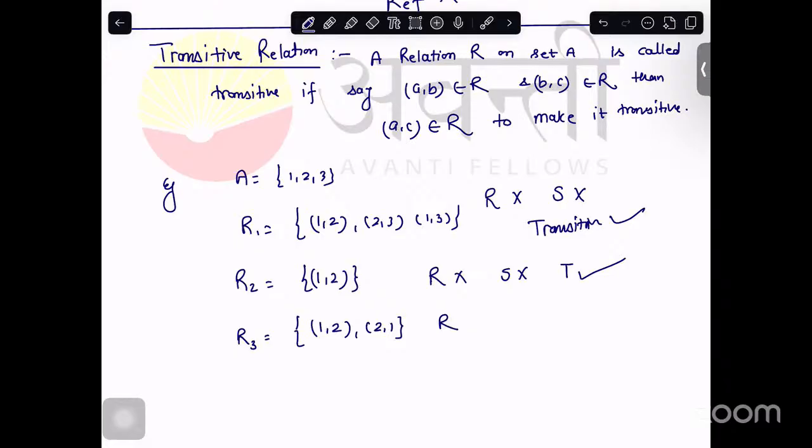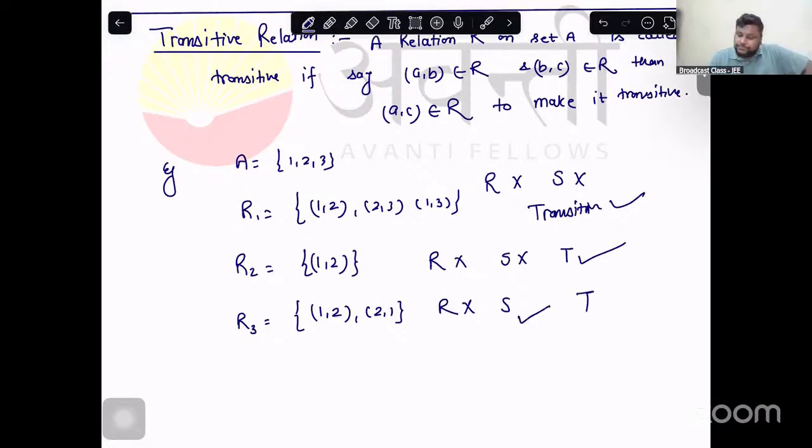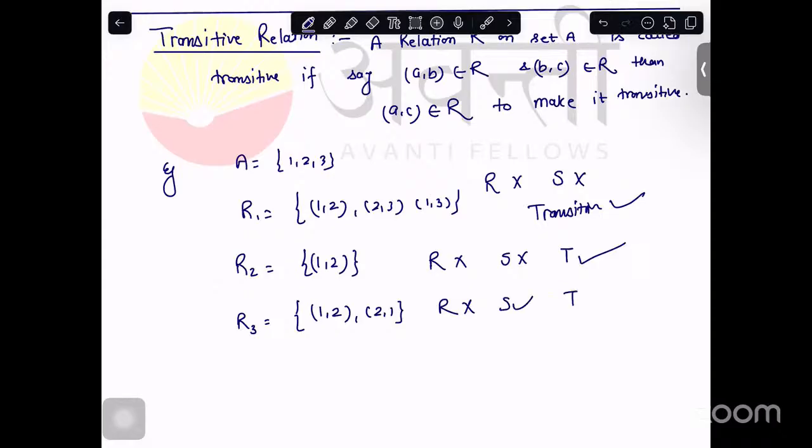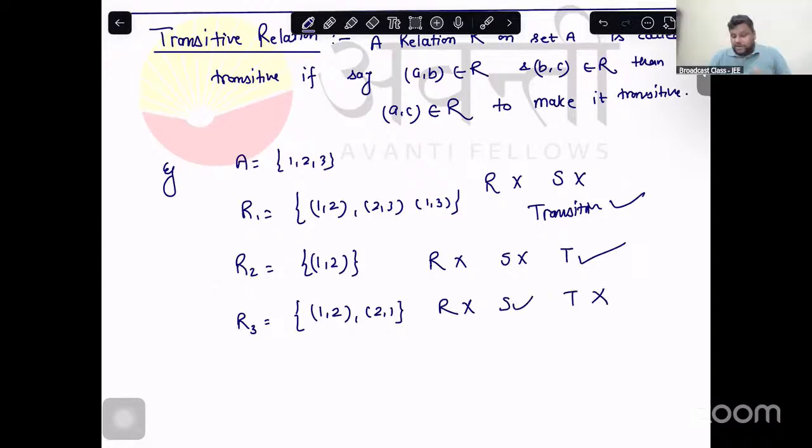No, sir. Is it symmetric? Yes, sir. Is it transitive? No, because (1, 2), (2, 1) is here, (1, 1) is not. (2, 1), (1, 2) is there, (2, 2) is not there. So this relation is not going to be transitive. Am I clear?